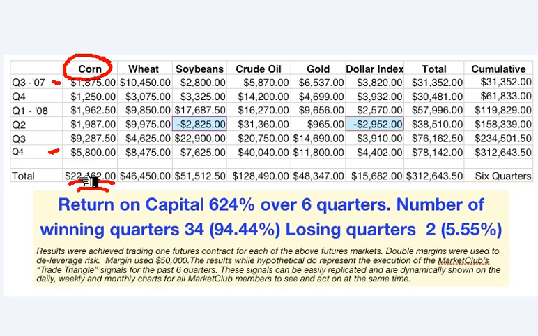So that's what we did: $22,162 before commissions and slippage. In wheat, we basically had 46,000, so that's obviously double this number. And finally in soybeans, we had a losing quarter right here of $2,825, but we also had a monster total of 51,000, which exceeds both of these two numbers.